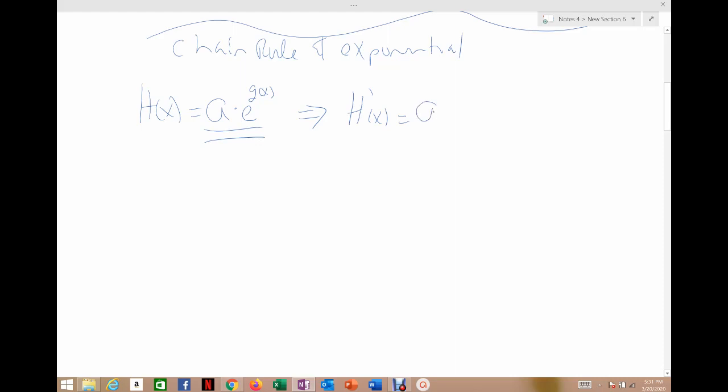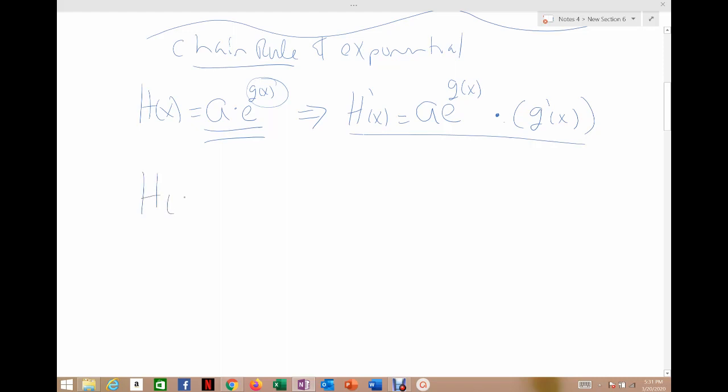So I write down the exact same expression that was in the original function. The difference here is it's the chain rule, so I'm not done yet. Separately and separated by multiplication, I take the derivative of just the function in the exponent. So whatever this g of x is, I take its derivative and multiply the original expression by it. Alright, and so there's the chain rule with the exponential.